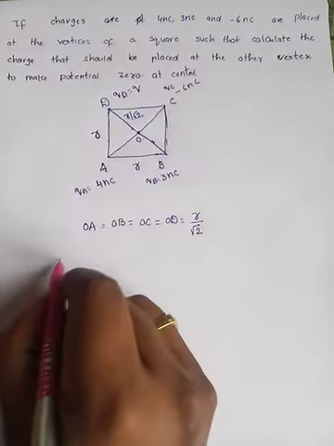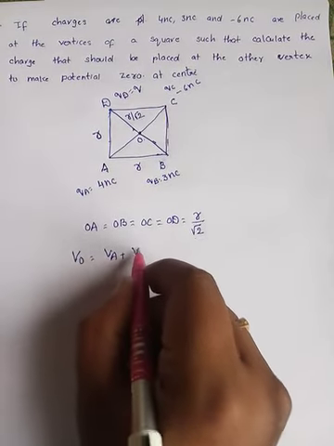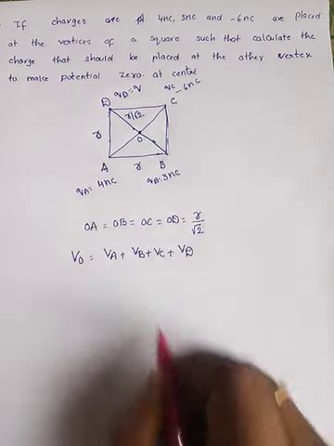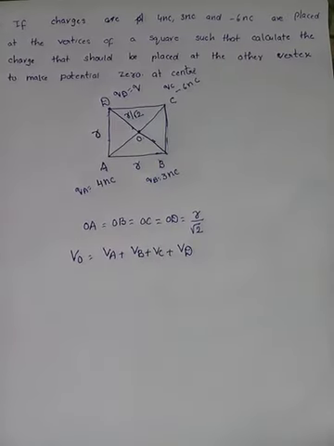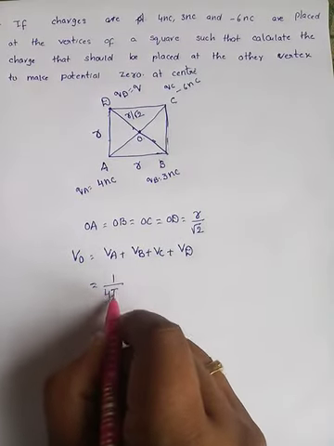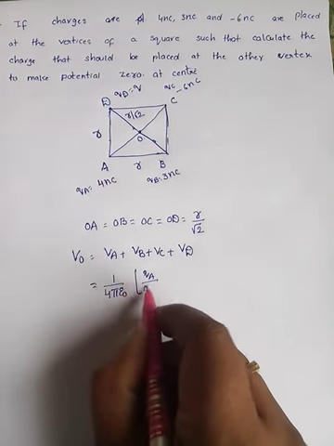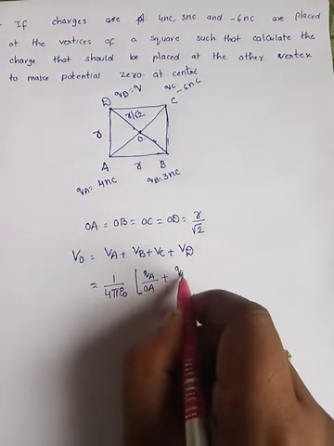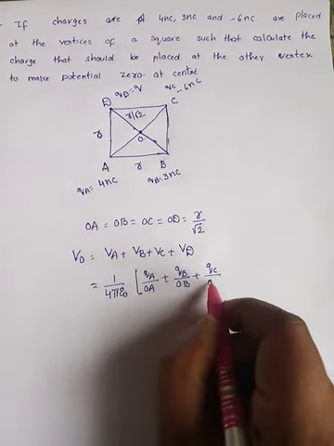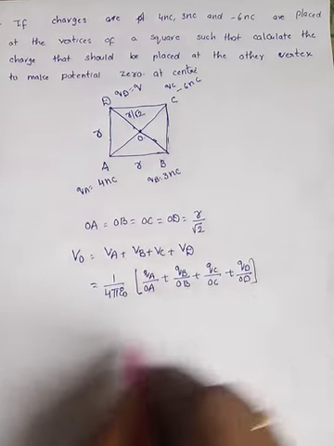Now let us calculate the potential at the center. VO is equal to what? VA plus VB plus VC plus VD. Okay, now what is VA? We can take as 1 by 4 pi epsilon naught, QA by OA plus QB by OB plus QC by OC plus QD by OD.